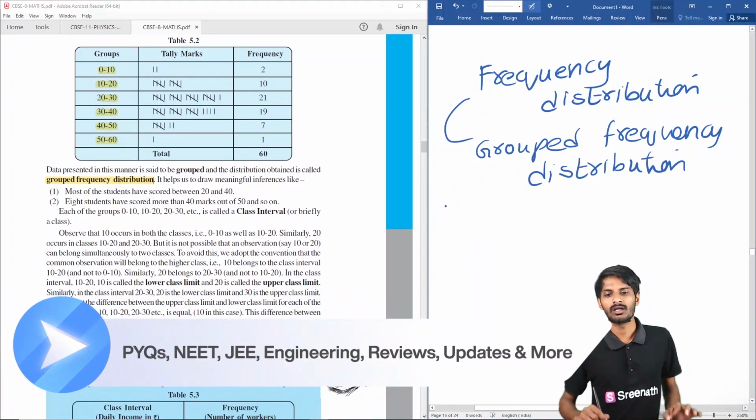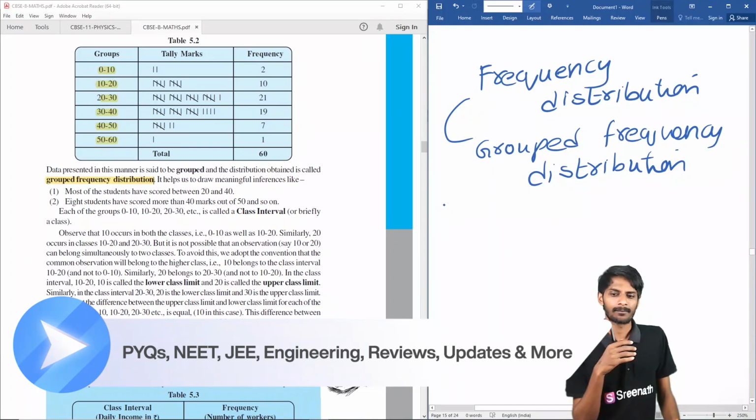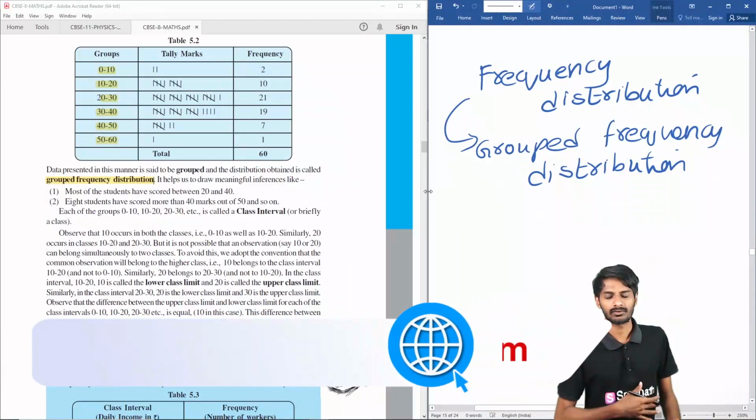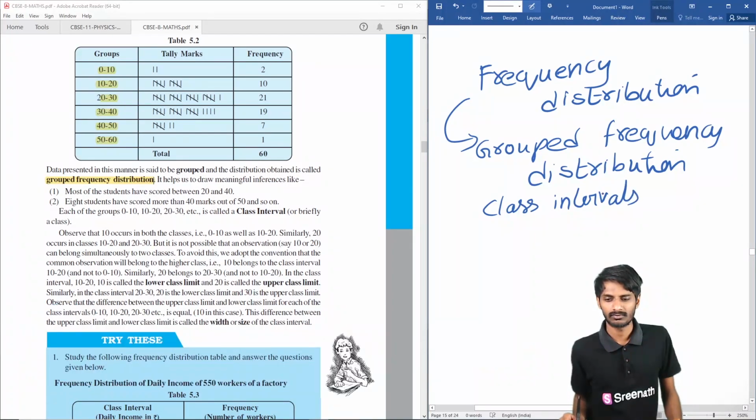Now it's the time for grouped frequency distribution, students. In the grouped frequency distribution, we made classes, class intervals.